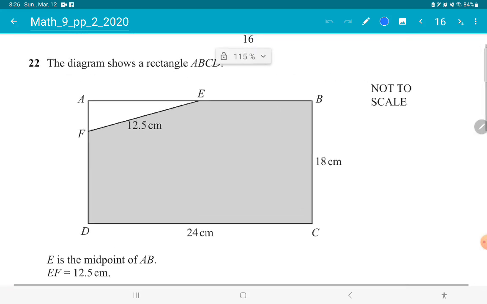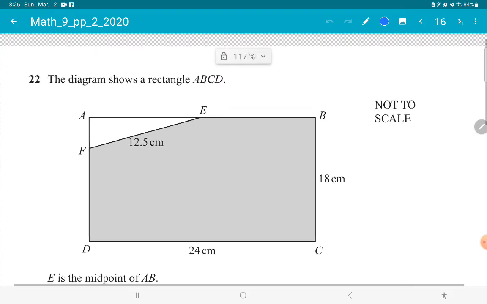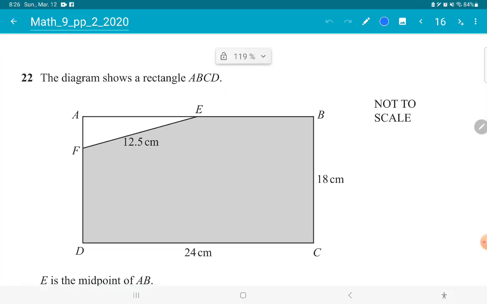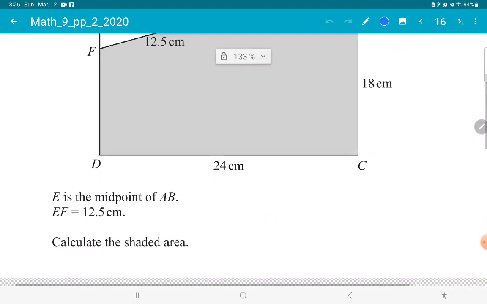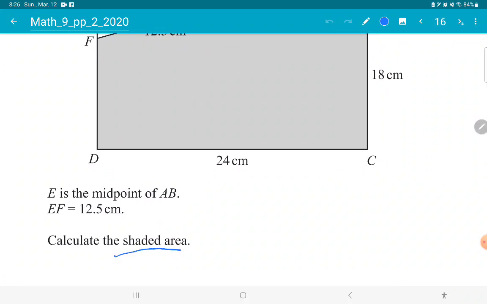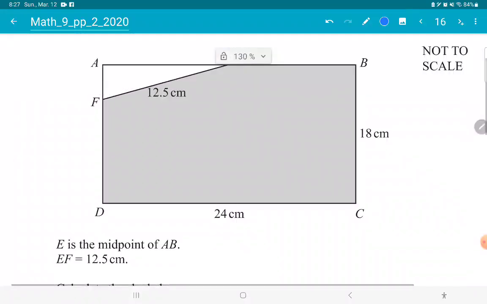And do we have more? 22. The diagram shows a rectangle ABCD. This one is 12. And this is a midpoint. What do they want? EF. Calculate the shaded area. In other words, we need to cut this right triangle out.